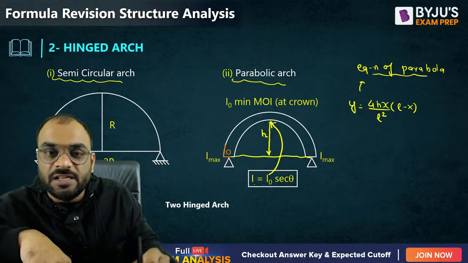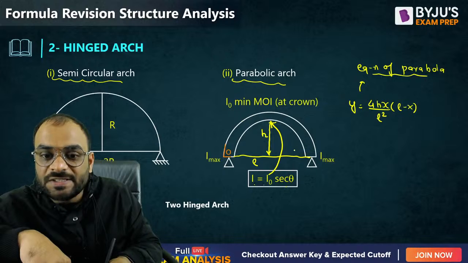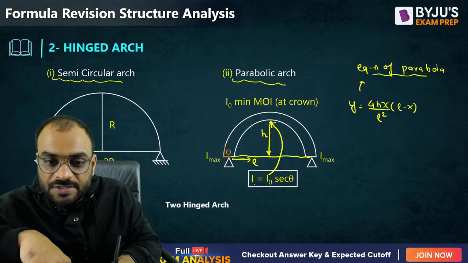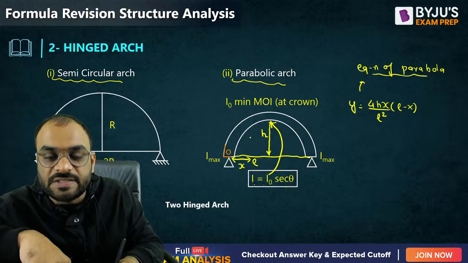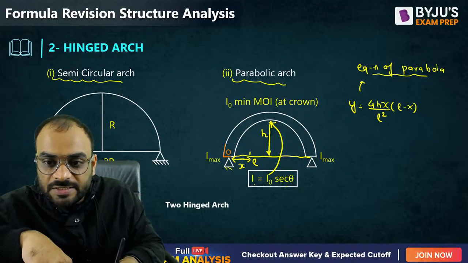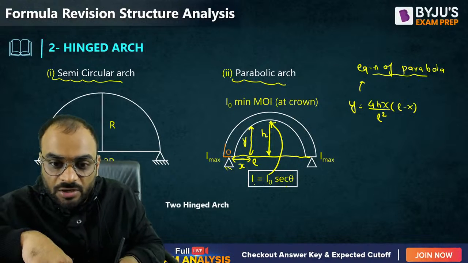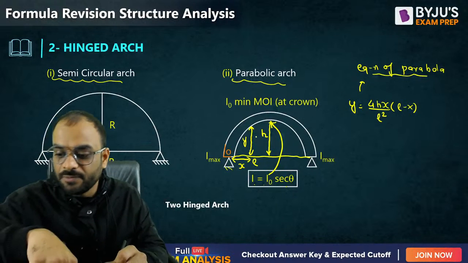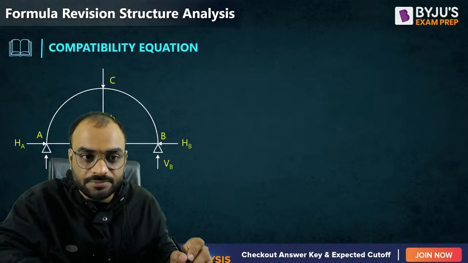L is basically span length. What is x? It is the distance of the section from the left support, right? And this is nothing but y. Y is the rise at this particular distance. ठीक है? Hi Rohit.